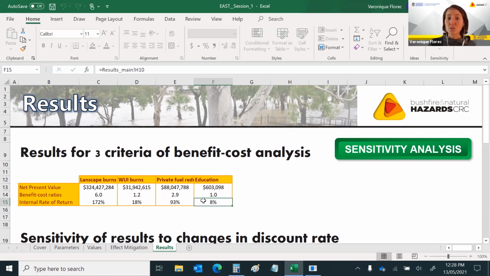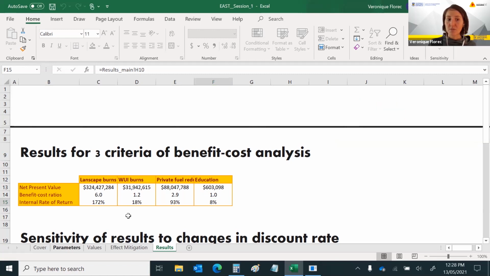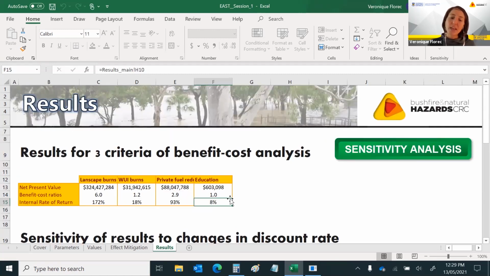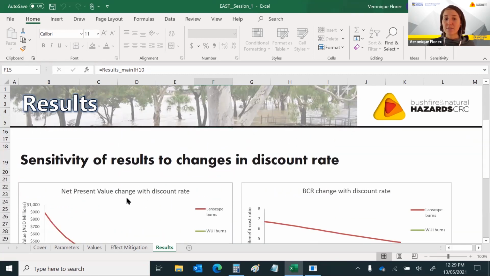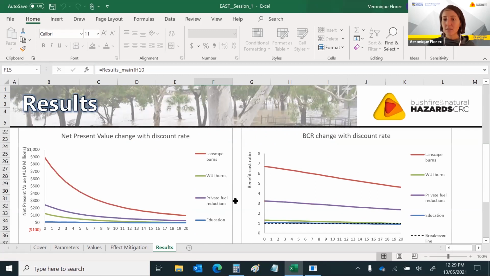If it is closer, like this one, to the discount rate that we inserted here, then we have to look a little more in detail at what is happening with this particular mitigation option, why it is closer to breaking even, and whether my discount rate is appropriate for it. Below is where you have the sensitivity analysis to the discount rate.